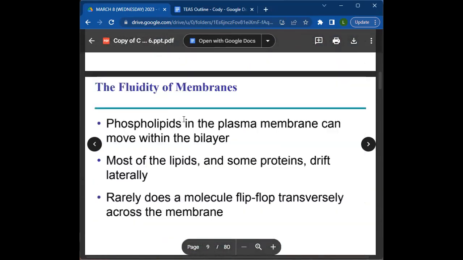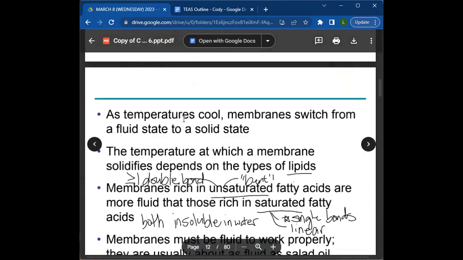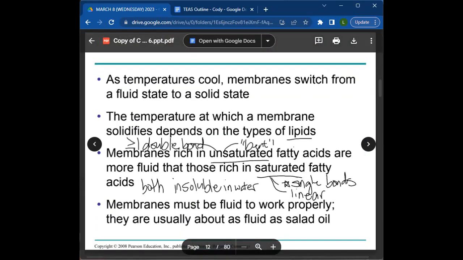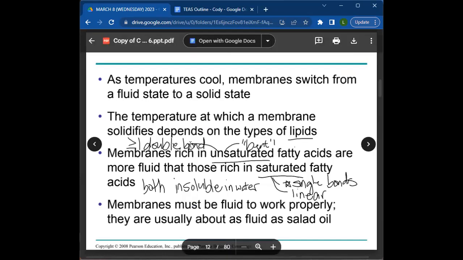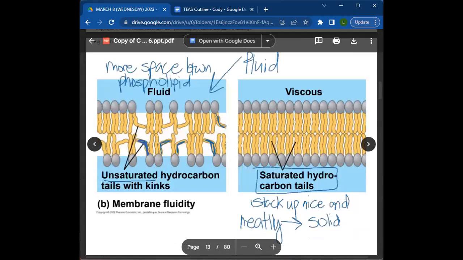We need to know that the fatty acid tails on the phospholipids can either be saturated fatty acids or unsaturated fatty acids. If the phospholipids are made up of saturated fatty acids, we need to know that saturated fatty acids tend to be very straight.